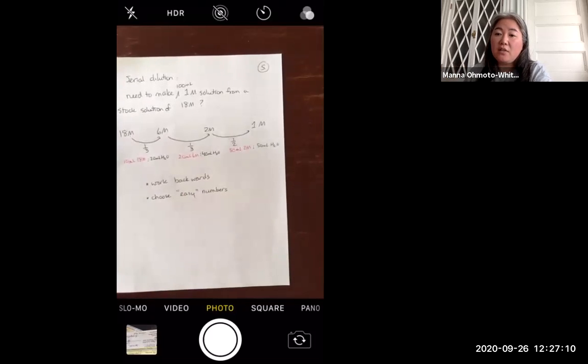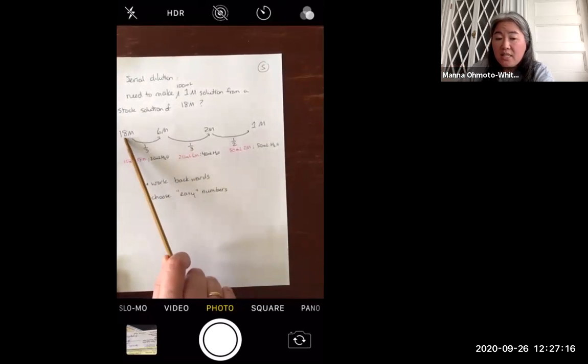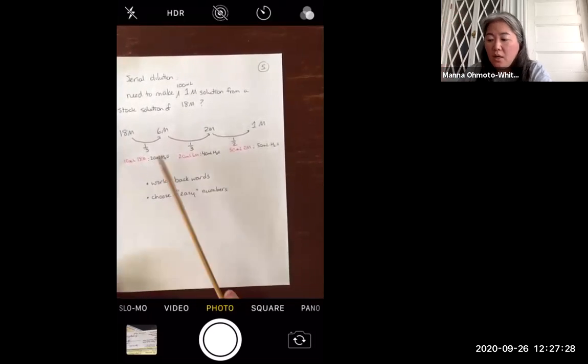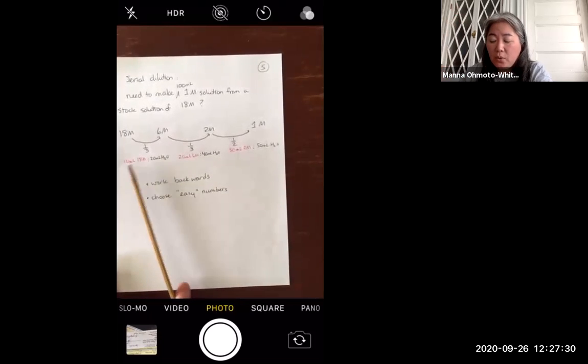I'm going to err on the side of doing a little bit easier. I'm going to make 30 milliliters of this. So it will require 10 milliliters, which I can deal with, of my 18 molar solution with 20 milliliters of water. 10 milliliters is easy to dispense. Now, I could do that with a pipette if I needed to. So 10 milliliters of my 18 molar and 20 milliliters of my water.